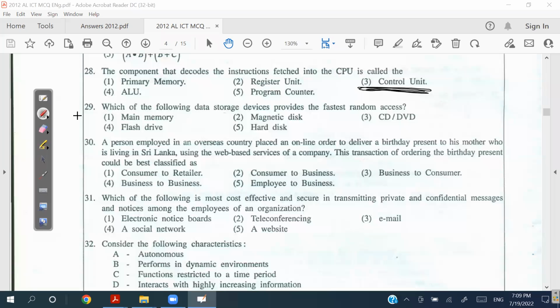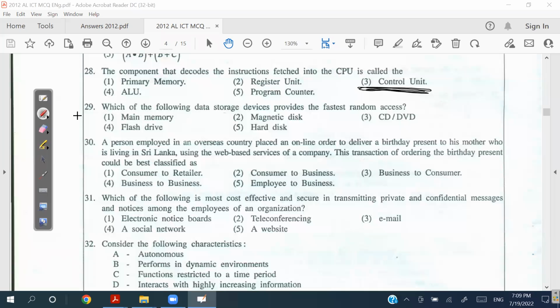The 30th: a person employed in an overseas country places an online order to deliver a birthday present to his mother who is living in Sri Lanka, right? Using the web-based services of a company.